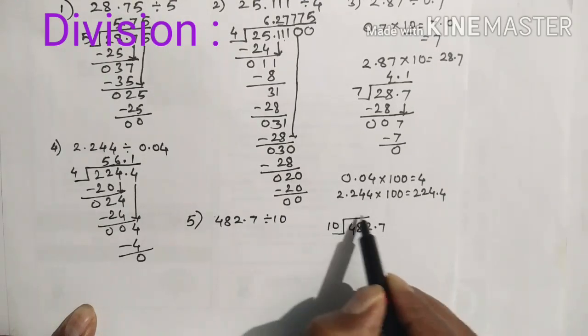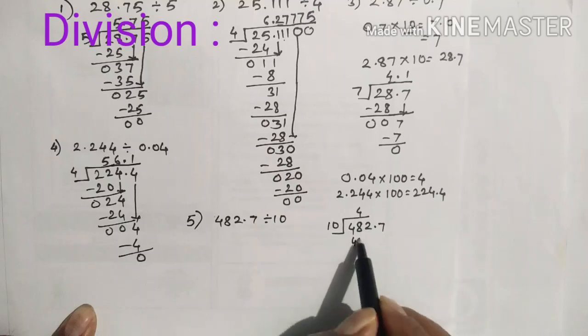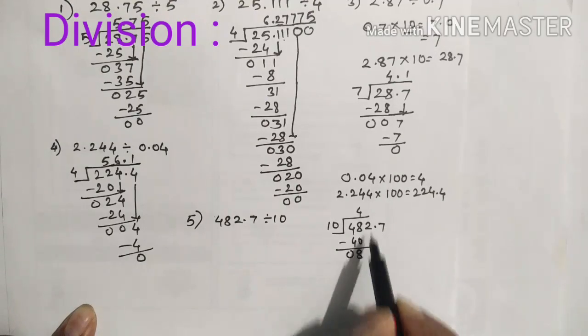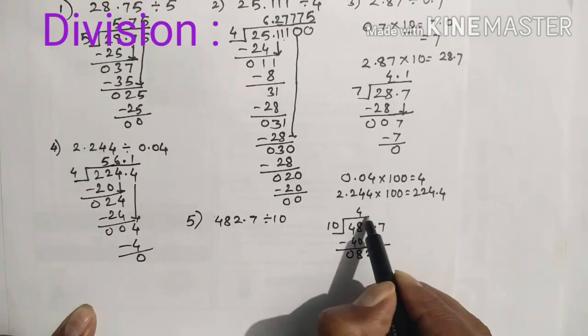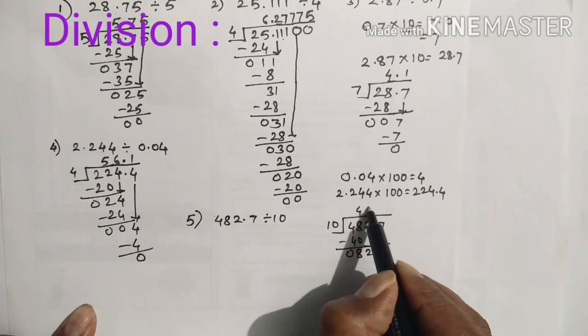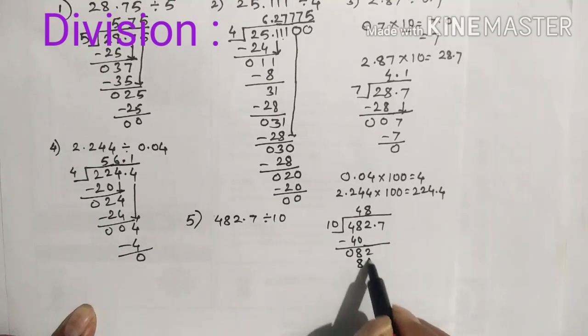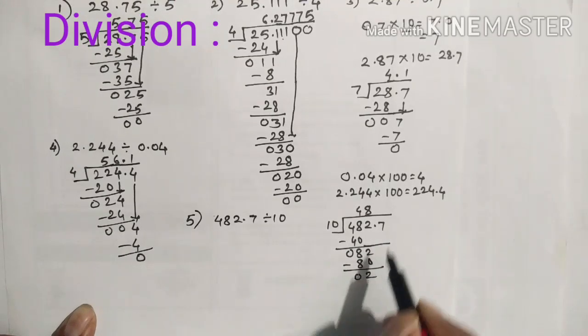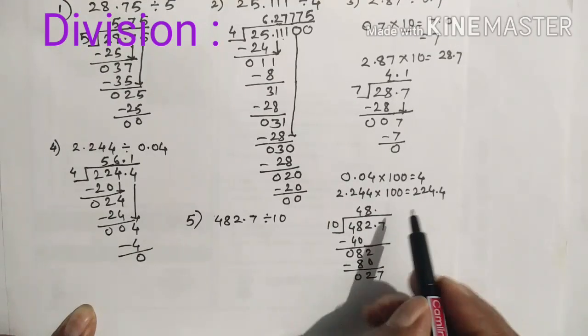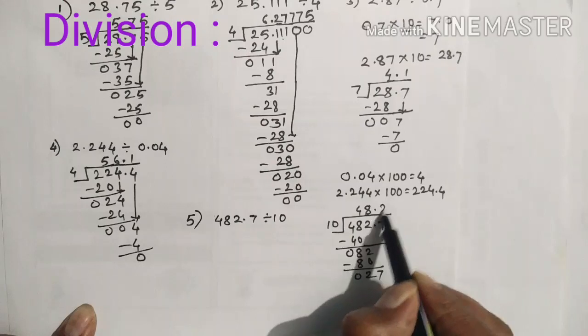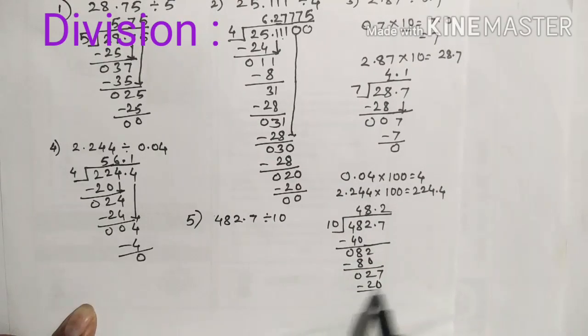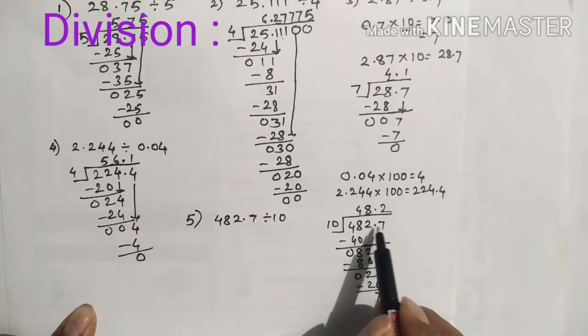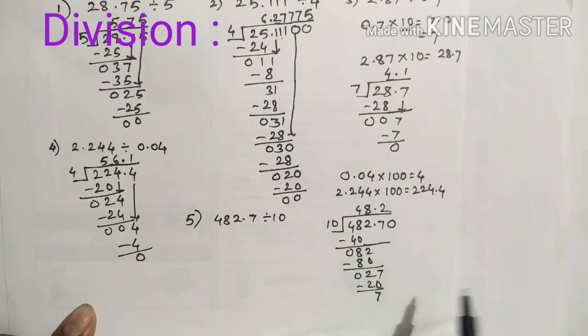482.7 divided by 10. 10 4s are 40, remaining 8, we will get 2 here, then 10 8s are 80, remaining 2. Now we are getting the 7, that is a decimal digit, that's why we will take a decimal point here. 10 2s are 20, remaining 7. We have a decimal point, so we can take innumerable zeros here.